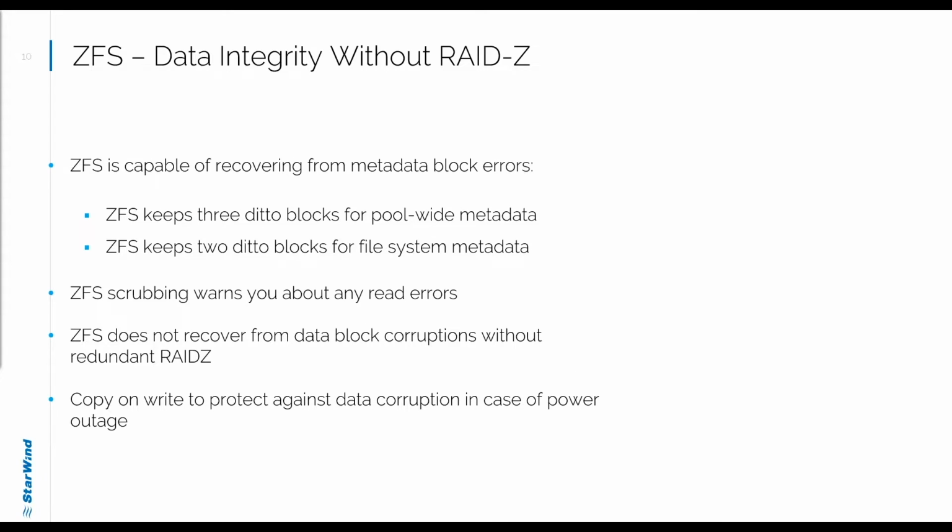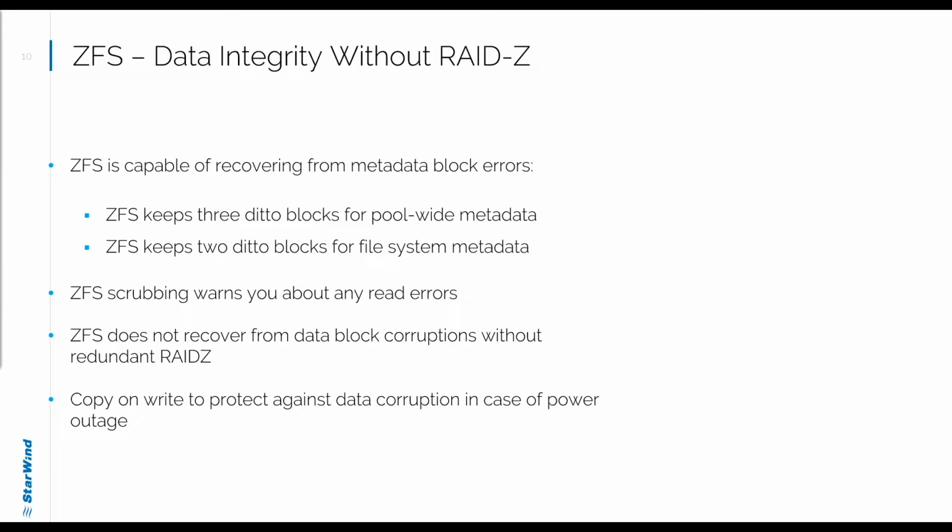Now, once the RAID-Z self-healing functions using the parity and mirroring are understandable, what about ZFS resiliency without RAID-Z? In fact, it still has some options in this case. ZFS is able to recover from single metadata block corruptions by using block replicas.